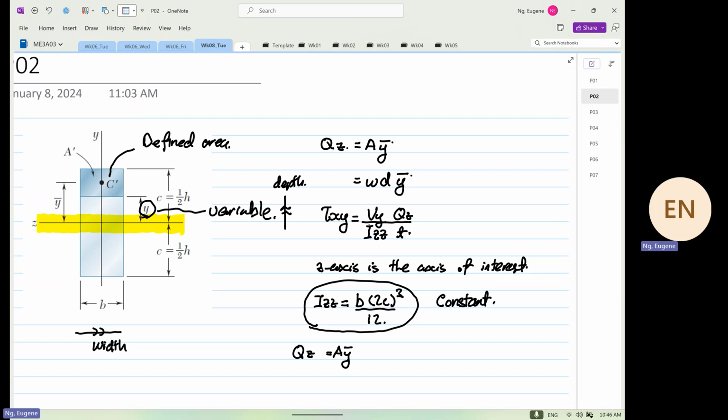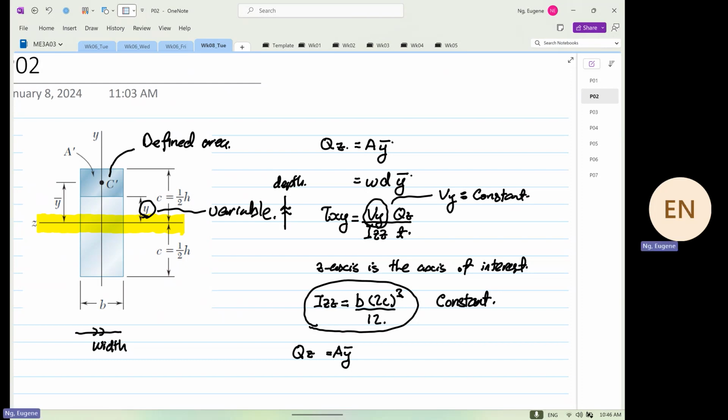And again, I'd like to highlight that Vy is also a constant. Why is that so important? Y is varying, yes or no? Y can change. But our shear force and second moment of area, we have to take as constant. Are we clear? If not, you'll be really, really confused.